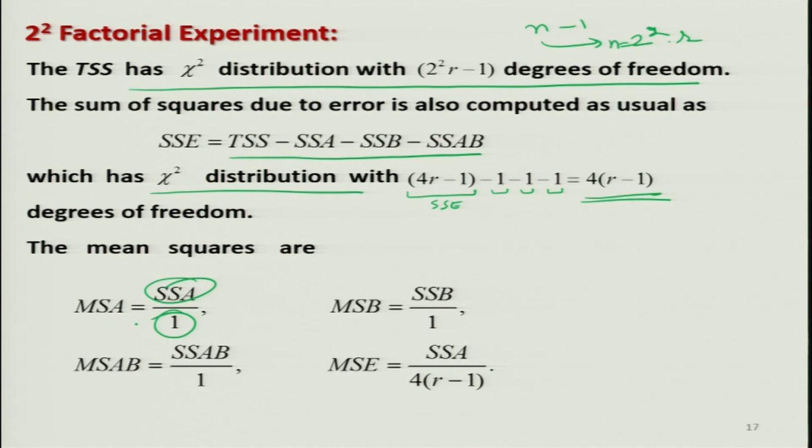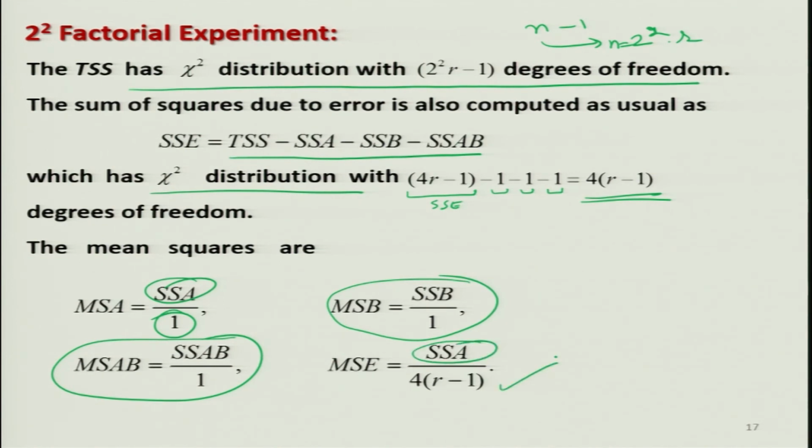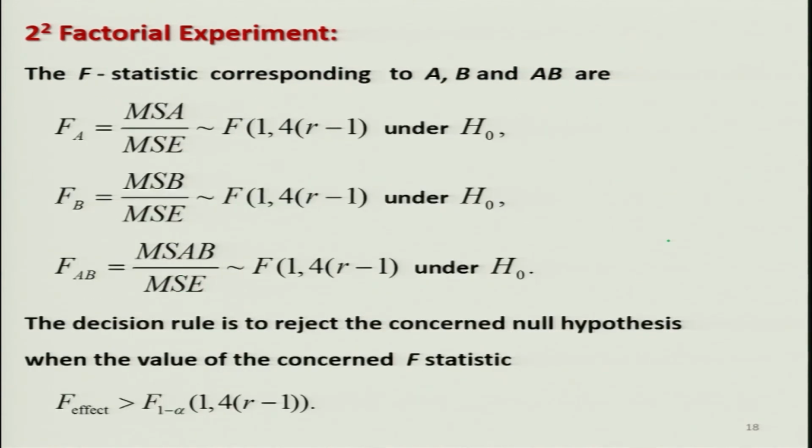That will be MSA, and similarly MSB and SSB are going to be the same, and MSAB and SSAB are also going to be the same, and then MSE is going to be simply SSE divided by 4 into r minus 1. That is the degrees of freedom which you have obtained here. Now, you have obtained the MSA, and one can very easily establish the independence of all these values without any problem.